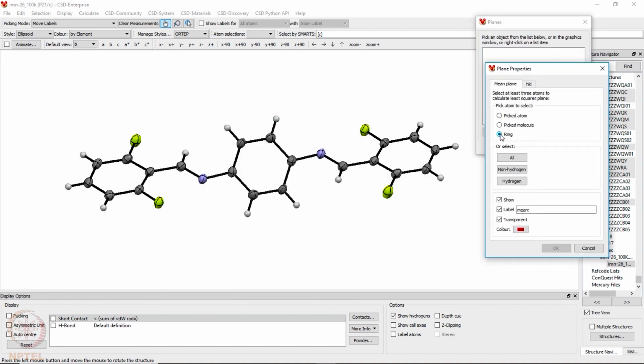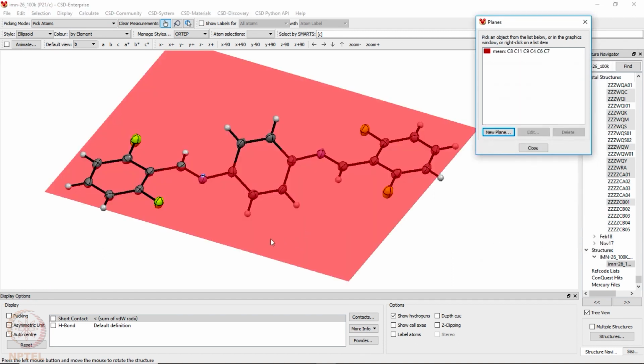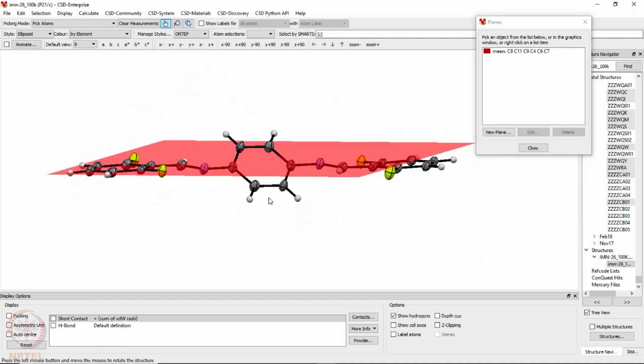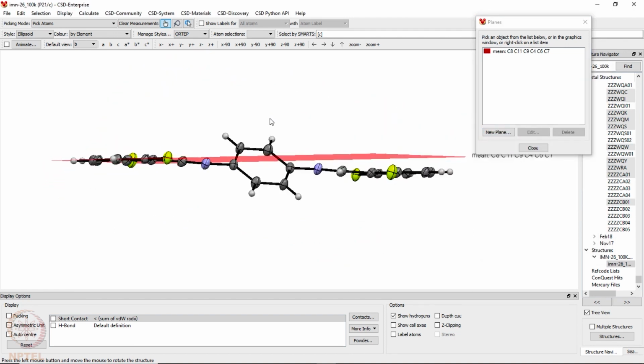You can select the rings, select the peak atoms, and then I select all those atoms and make a plane in red color. So this red colored plane contains that particular aromatic ring.